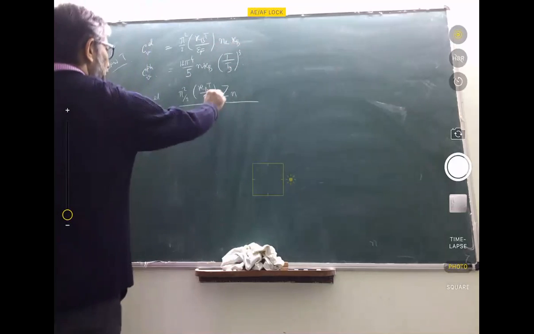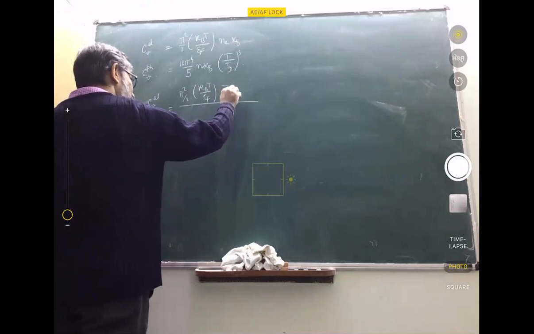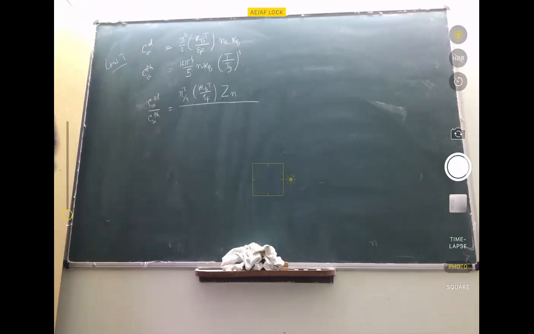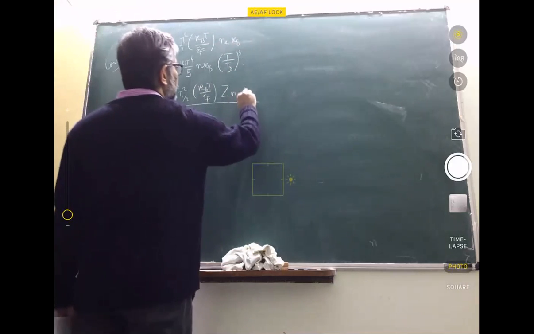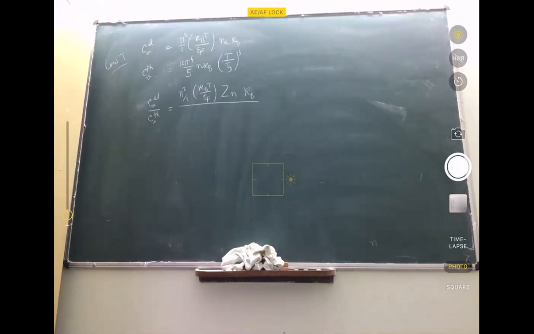Okay, if Z is the number of valence electrons and the atomic density is N, then the electron density will be Z times N. Z could be 1, 2, 3, whatever.